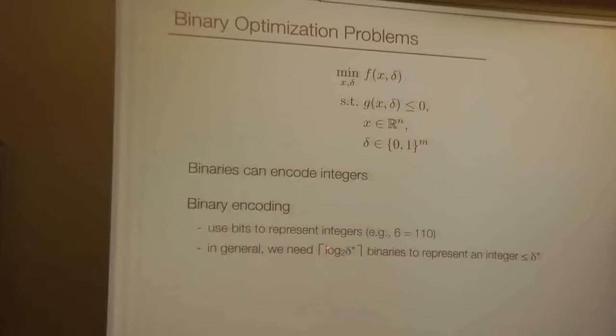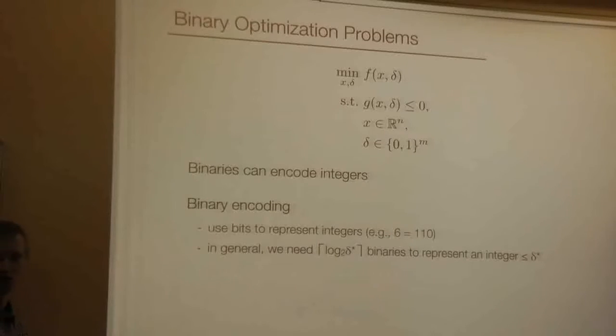So this operator here means the ceiling operator, which means that if we get 2.2 bits that we need to represent a particular integer, we actually need 3 bits for that one. Okay? So that's one option for how to encode integer variables, meaning how to convert the integer optimization problem into a binary optimization problem. And this is actually the lowest possible number of additional binary variables that we need to introduce to model integers.